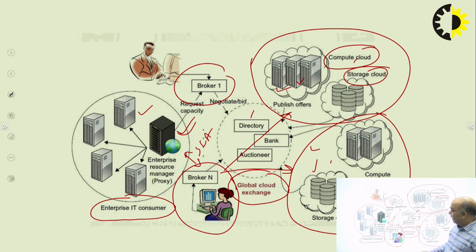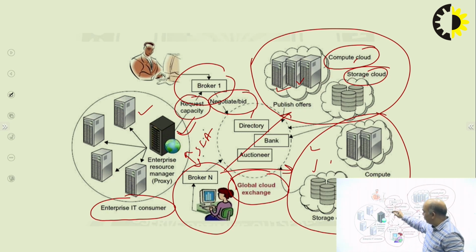So here this is the scenario in which they can have interactions between the different clouds. Whatever SLAs are made, first they need to negotiate those SLAs. So they send the request for capacity, as I told you, to this broker, and they can also go to other brokers. There are a number of brokers they can interact with, and these brokers create SLAs depending upon their needs.